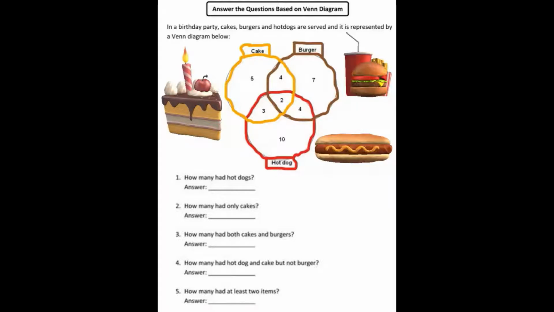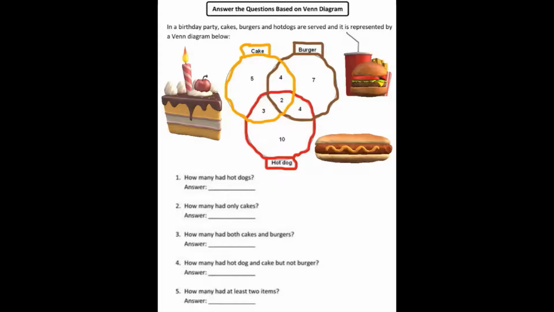Okay, so when we're referring to a question, we're going to look carefully at this Venn diagram, see where the numbers lie, and if it's asking us to see other parts where the food intersects with other foods, we're going to mention that. Okay, all right then, let's go ahead and answer the questions for the Venn diagram now.